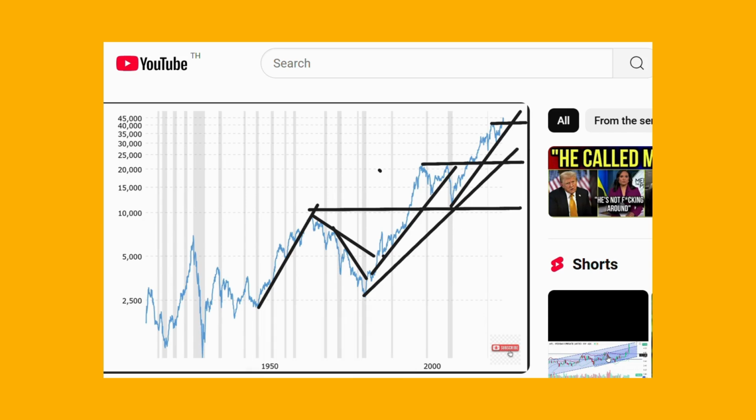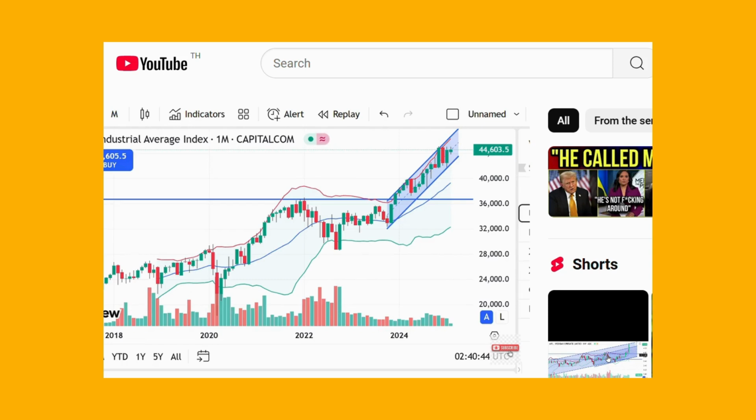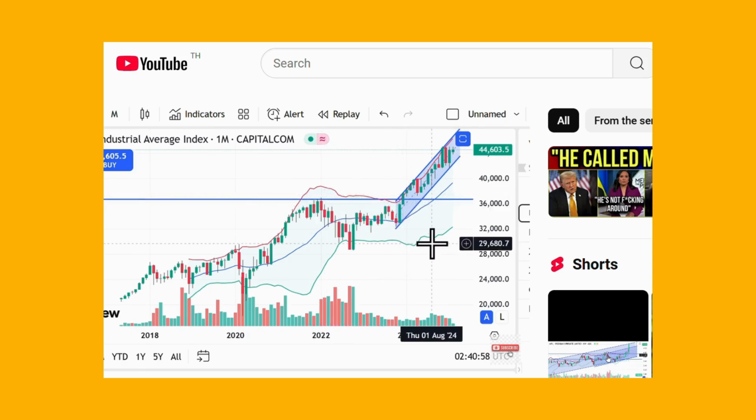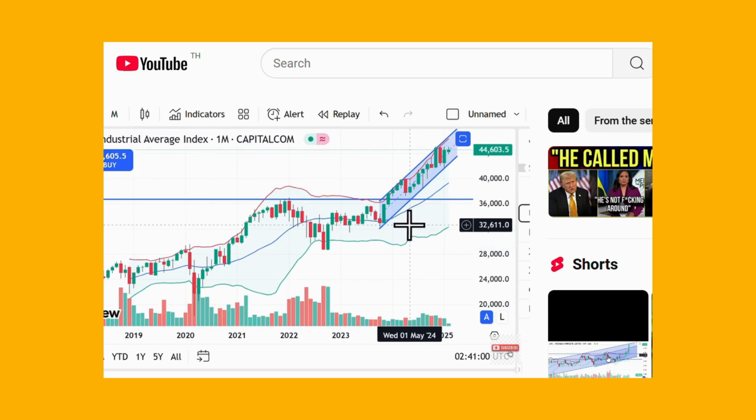But if we pull back to a shorter time frame, this is the Dow Jones since 2018. That horizontal line is the one I was just showing you, where we broke through the top. And if you bring it down to an even shorter time frame, we're now moving up on this channel here.